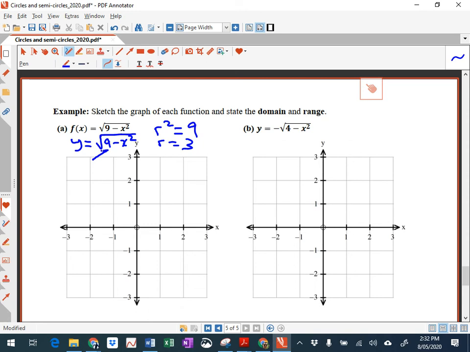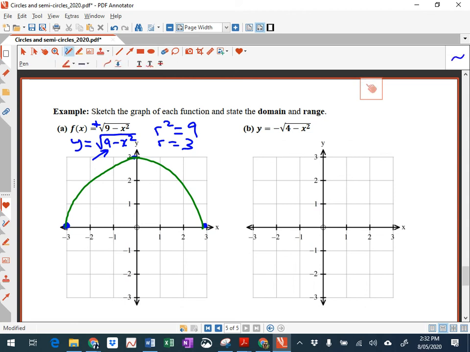Okay, so that radius is derived from the 9. The square root has got a positive sign in front of it. So centre 0, 0, radius is 3, so put a dot there, and dot here. And then we draw our semicircle in. There we go. So there's your semicircle.